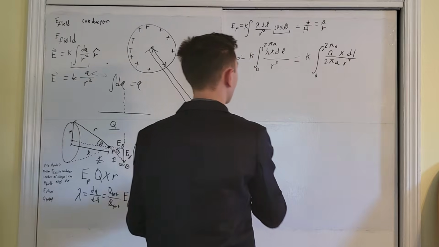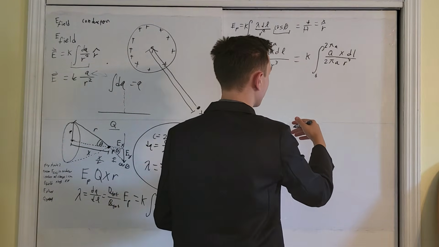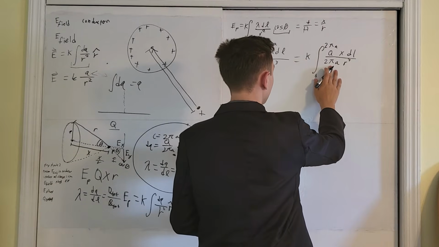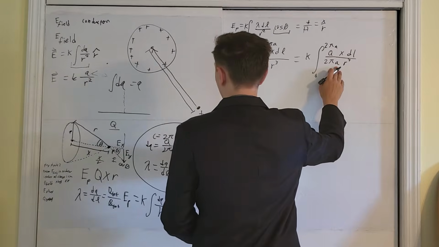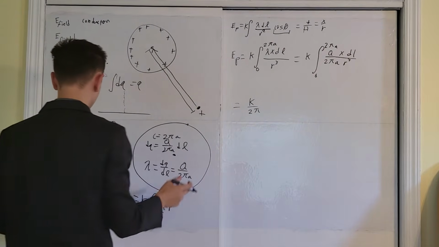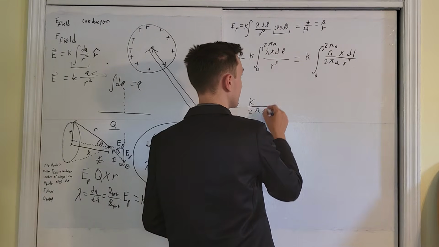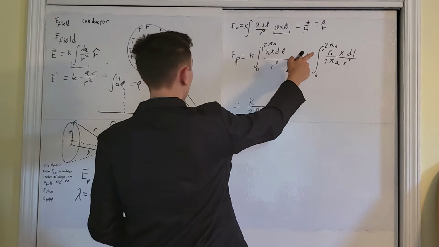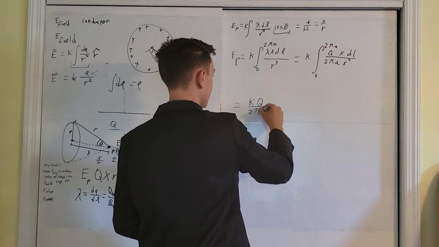Now I need to identify what's constant and what's not. I know k is a constant. I had already pulled that out before. 2 pi is a constant, so I can pull that out over 2 pi. a is the radius of my ring, therefore it's going to be a constant. I can keep that as 2 pi a. The total charge on my ring is a constant. The total charge on my ring isn't changing. That's going to get pulled out.